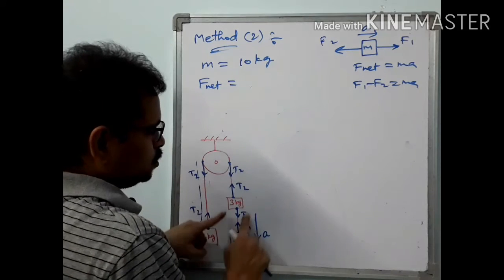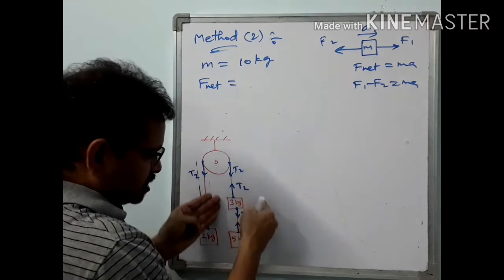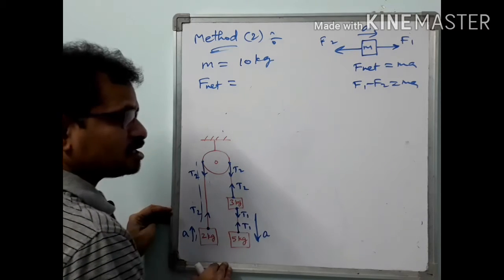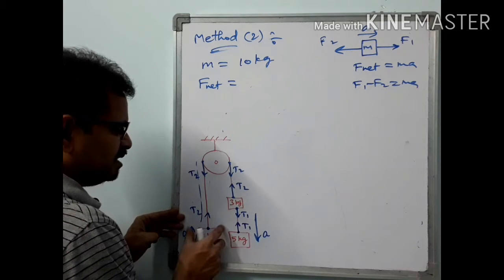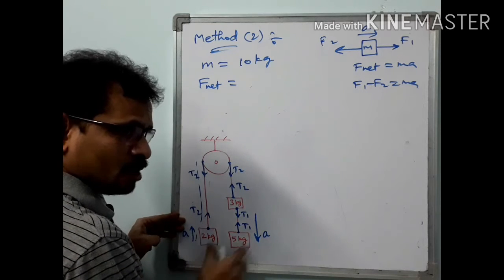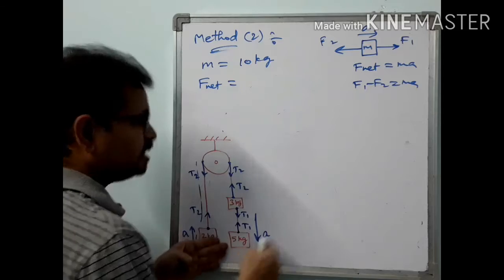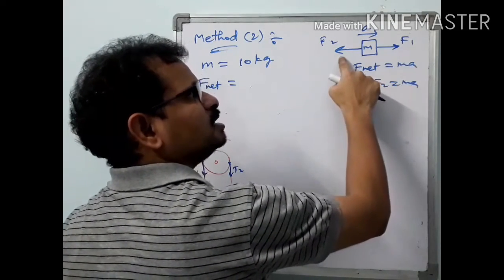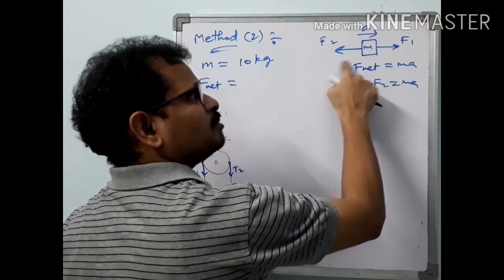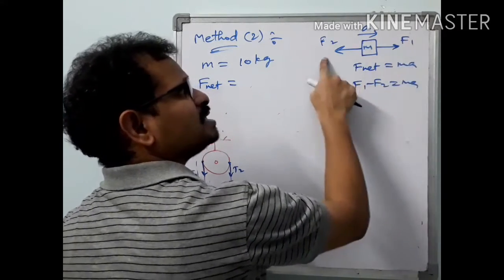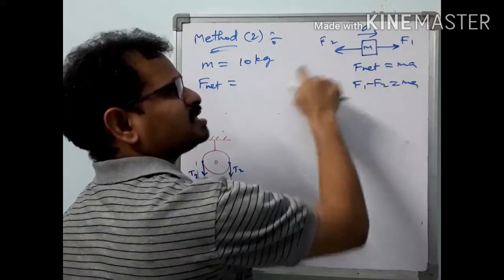Gravitational force actually tries to pull the bodies in the downward direction. Here it is successful. It is like this force trying to pull the block rightwards while this force is trying to pull the block leftwards, which is successful here.